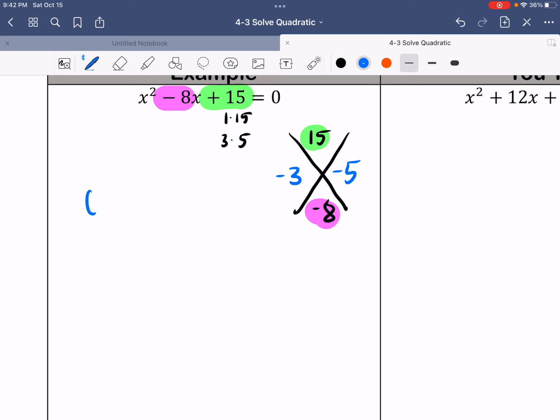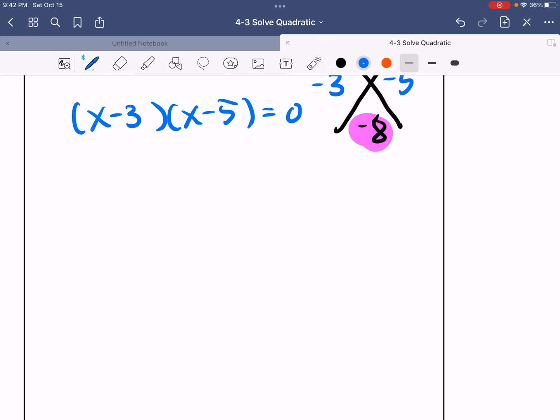So, after you factor, you just write this one down, x minus 3, x minus 5, equal to 0. So that's it. Now you're going to solve it. Because this one is equal to 0, how can you solve for x? Just let each one of these equal to 0. x minus 3 equal to 0. x minus 5 equal to 0.